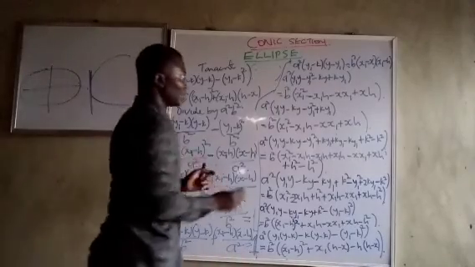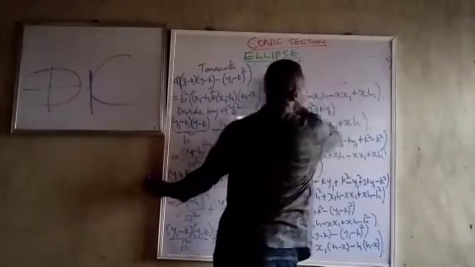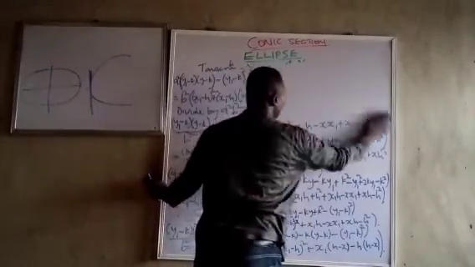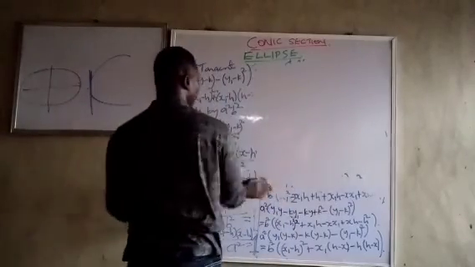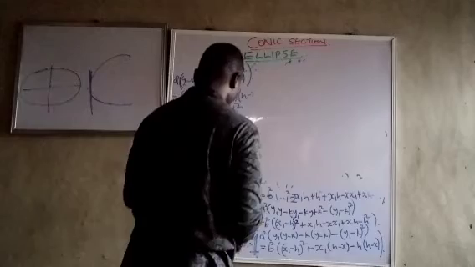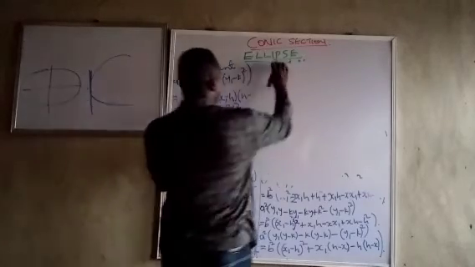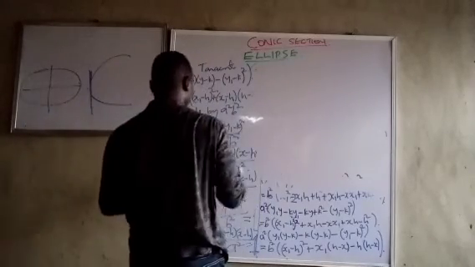So let me write it very well, clearly. As I've said before, it is just replacing one of the x's by x1 and one of the y's by y1. That's the equation of the tangents.